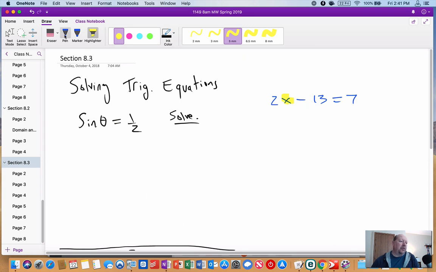That's exactly what we're doing with a trig equation, except the variable is theta. Sometimes it's x, but here it's theta. We want to know what different values theta could have so that the sine of theta is 1/2.